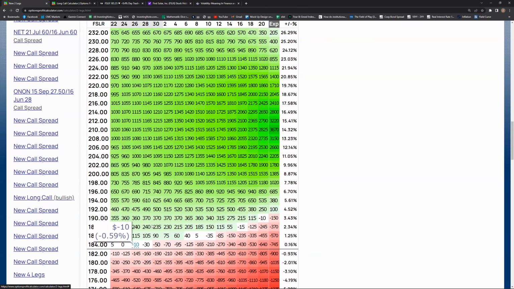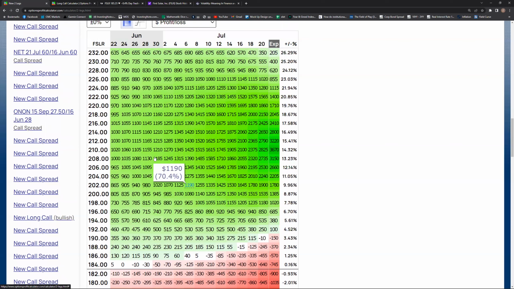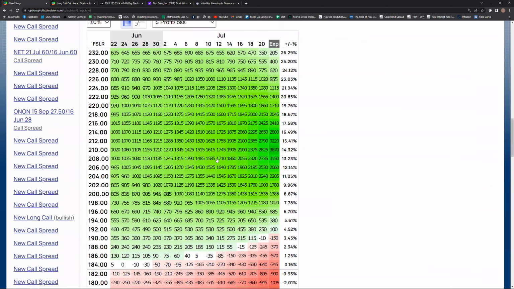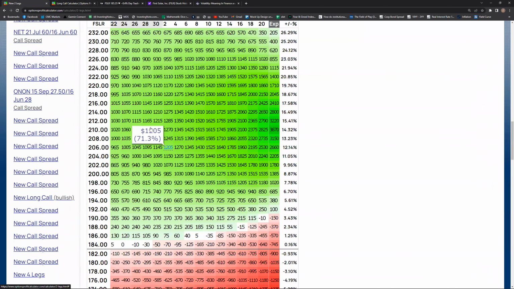But what if the price suddenly goes up? Let's say the price suddenly shoots up to like maybe 210, for some reason. A sudden catalyst comes in, and then the price just shoots all the way up, like one big green weekly candle. So if that happens, maybe somewhere around here it suddenly shoots back to 210.